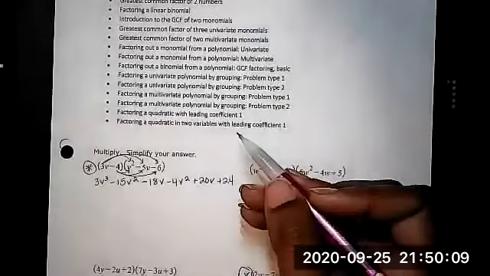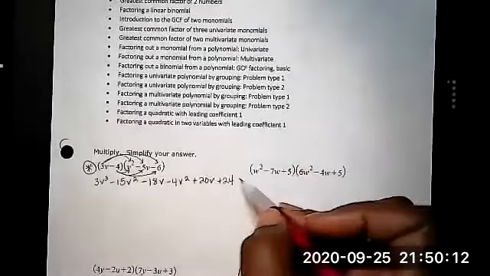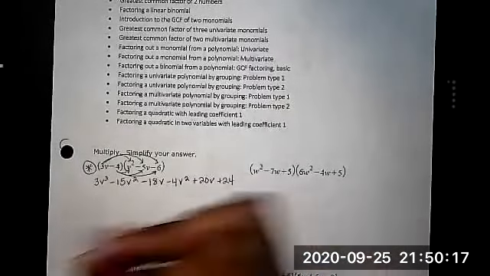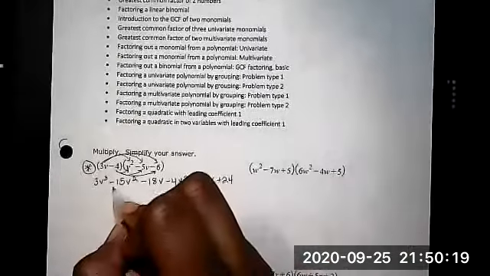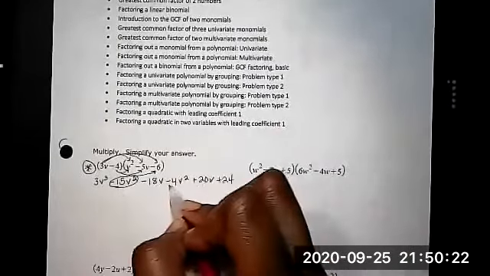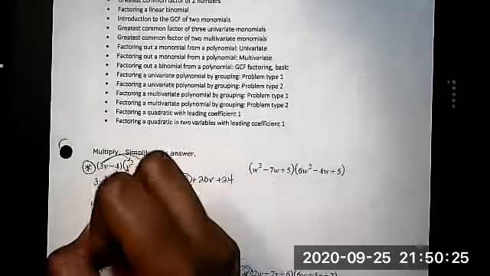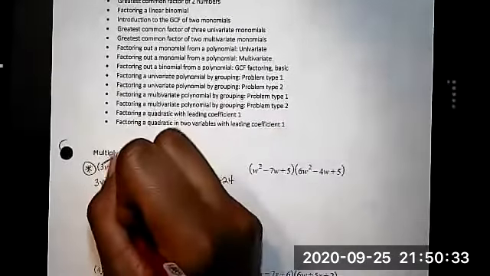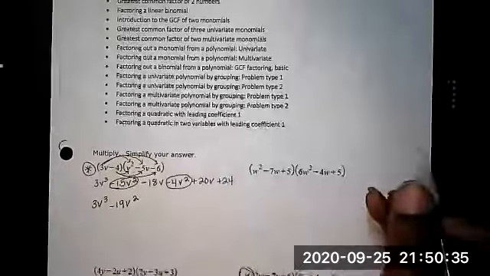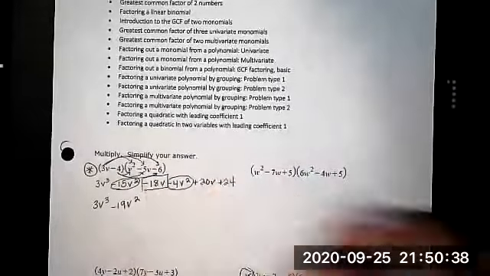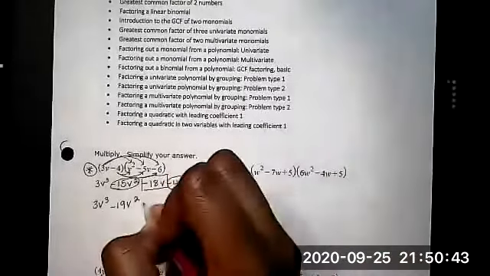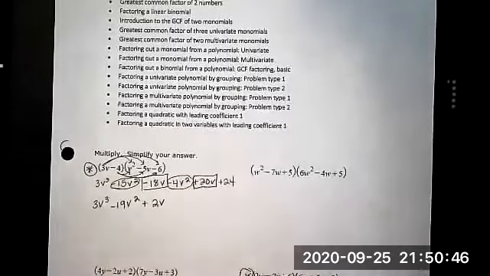Okay? So now we're going to combine like terms, and usually, like you've seen with the other ones, the very ends don't have the terms that are like. But the inside, the middle, we can kind of combine like terms. I'm going to leave this 3b cubed alone, and -15b squared and -4b squared became -19b squared. -18b and positive 20b, okay, we can combine those, and that becomes positive 2b.